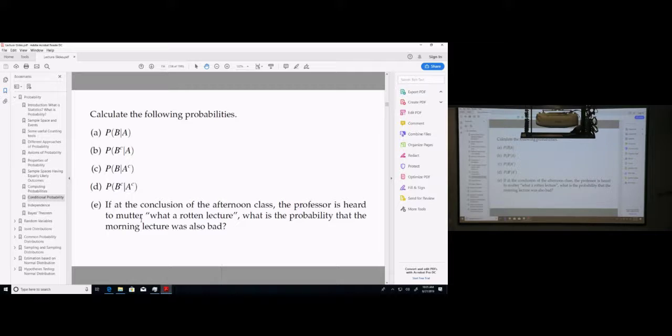So the first thing is basically to unconditionalize it. That is what unconditionalize means: you spell it out as a fraction, the ratio of two probabilities. And remember that the denominator will be whatever you are conditioning on.